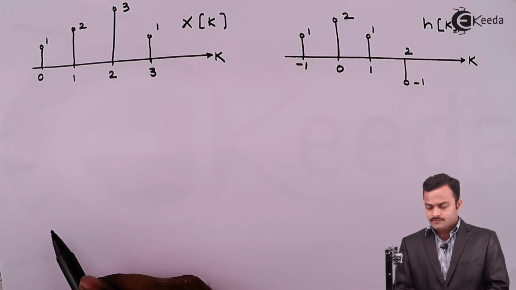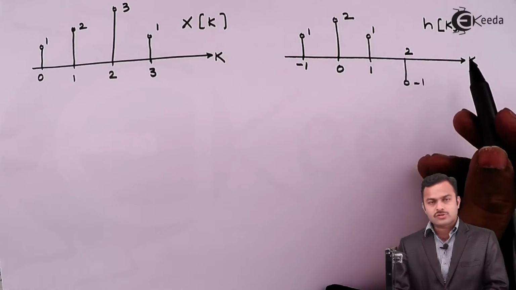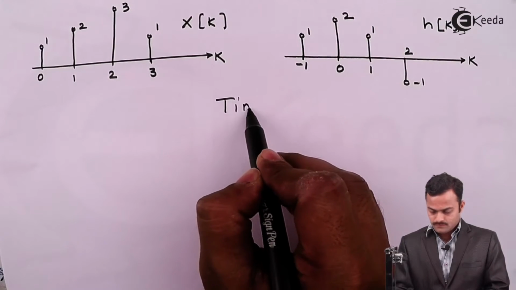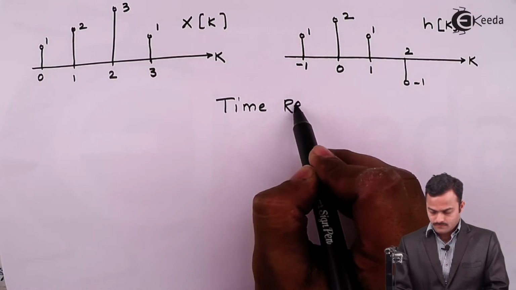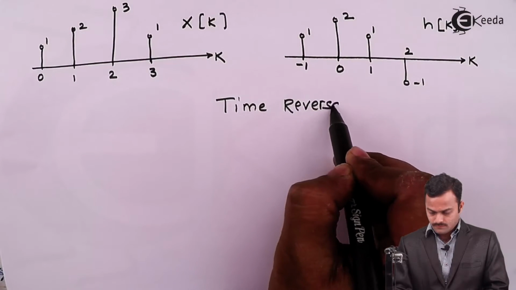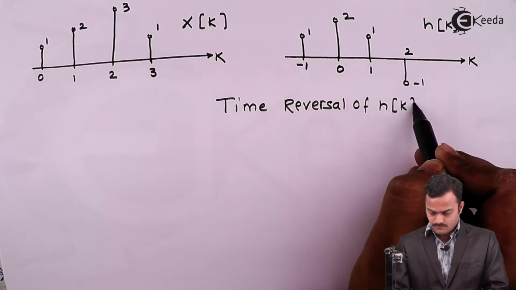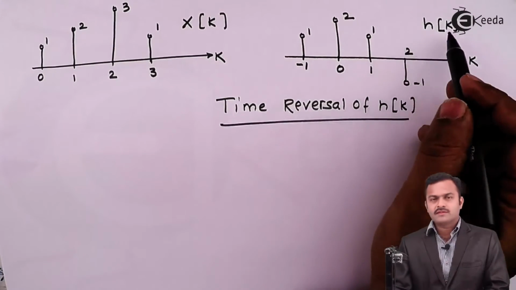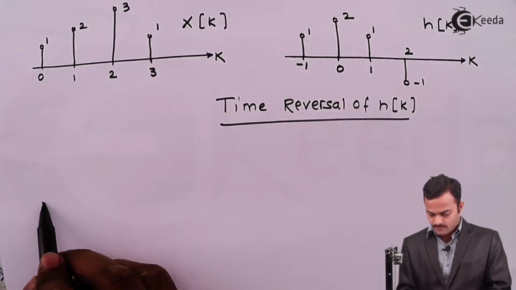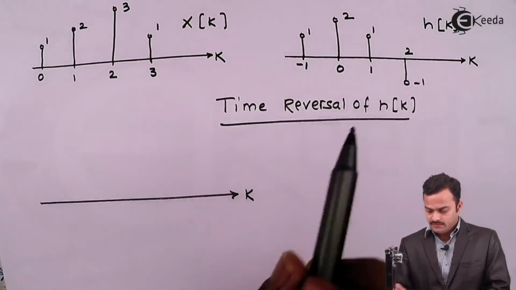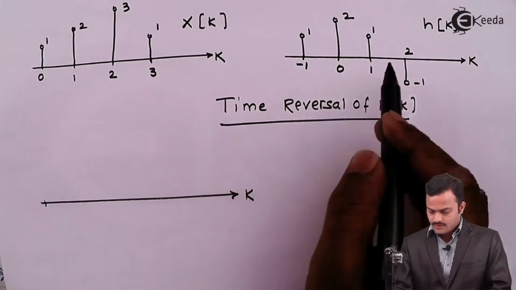What we have to do? We have to do a time reversal of h of k to obtain h of minus k. So h of k is like this. We will get h of minus k, which will have the span from minus 2.